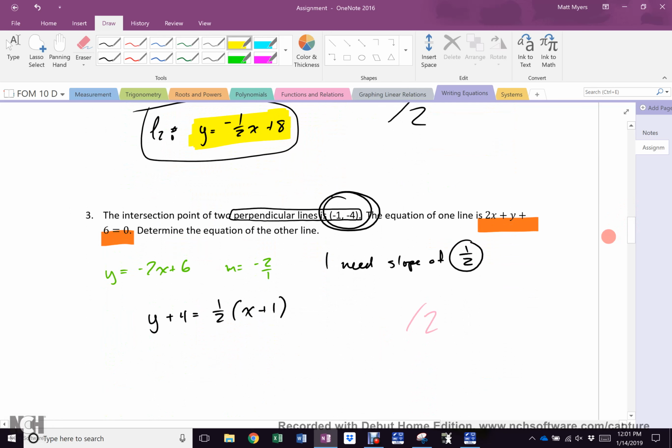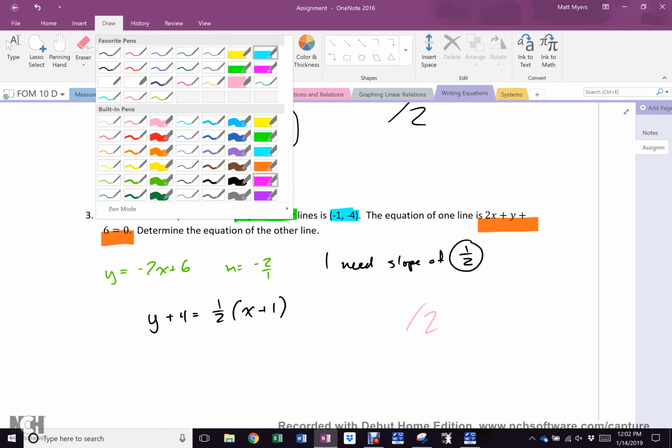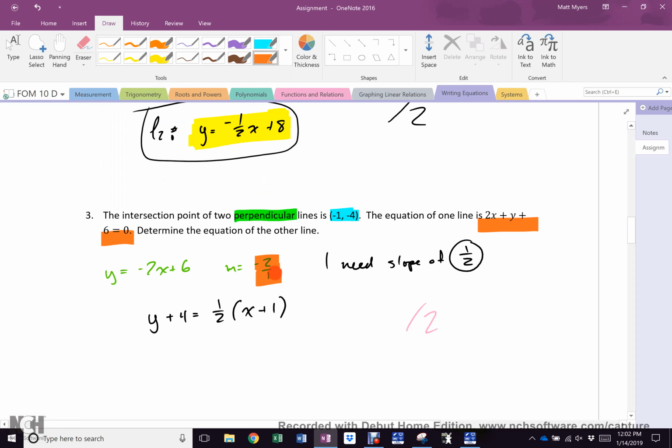This question was a little more difficult. It's still perpendicular, so I'm still flipping the slopes. But I don't have an intercept, I have a point. One of the lines was right here. That, and I will highlight that in orange, got me my slope. Once I had my slope, I knew I needed to flip it and change the sign.